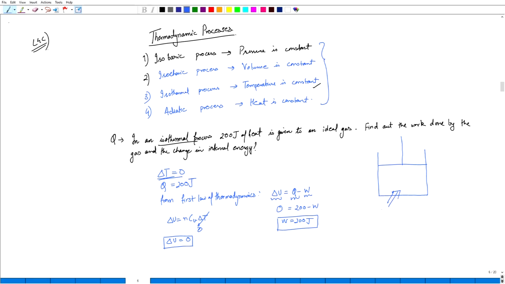Whatever heat is given to the system, work is done by the system, so the gas expands. Whatever energy you give to these gas molecules, they use all of that heat to increase the volume and do some work, and so the net internal energy change is 0. I hope it is clear.